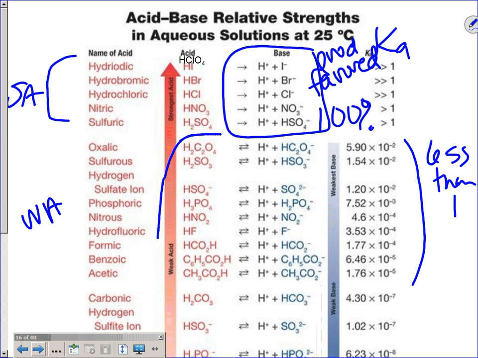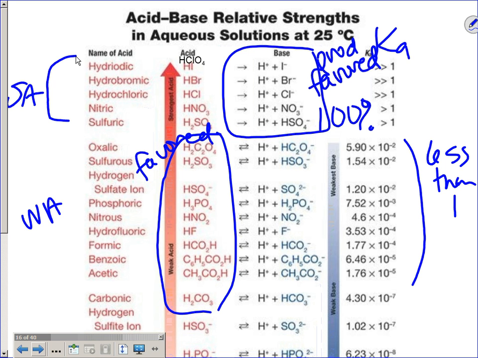So predominantly what's in the solution are the reactants: you're going to have a lot more of the combined versions of the acids than the ionized versions. But in the strong acids, you have 100% of the ionized versions versus the combined versions. So that's really just reiterating weak and strong, but now we're relating it to the Ka value, which is the equilibrium constant value.